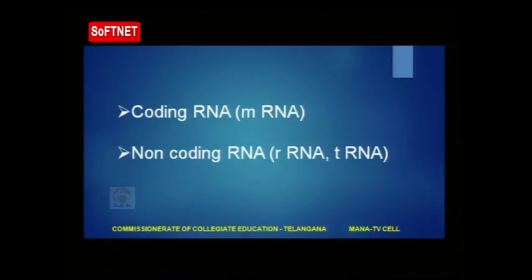Non-coding RNAs are RNAs that won't be involved in the synthesis of any other molecules. The most important non-coding RNAs are rRNA and tRNA. Not only these two, there are some other non-coding RNAs too, like guide RNA, microRNA, and so on. Those are not necessary to study under this topic.